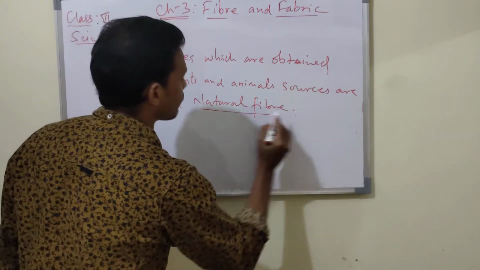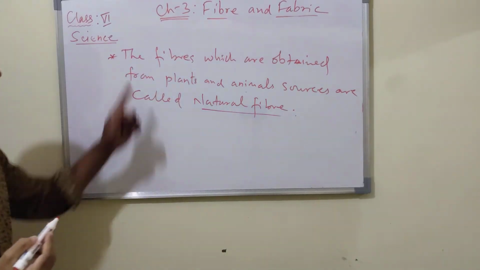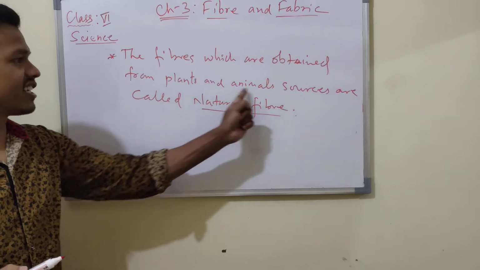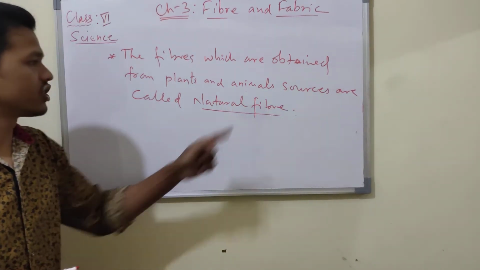What are they called? Natural fiber. The fibers which are obtained from plants and animal sources are called natural fiber.